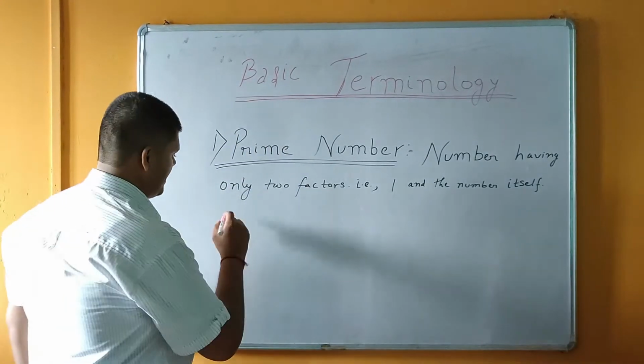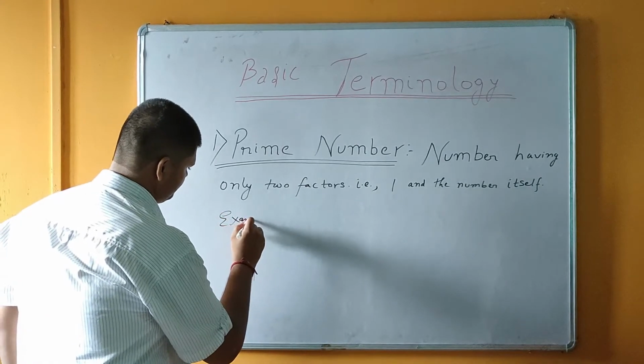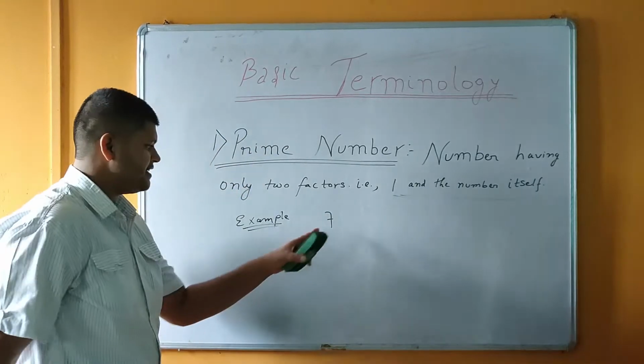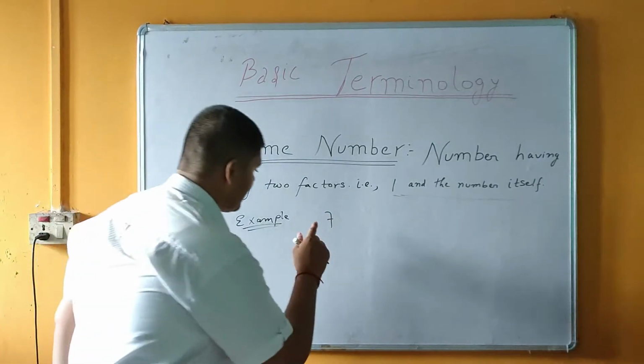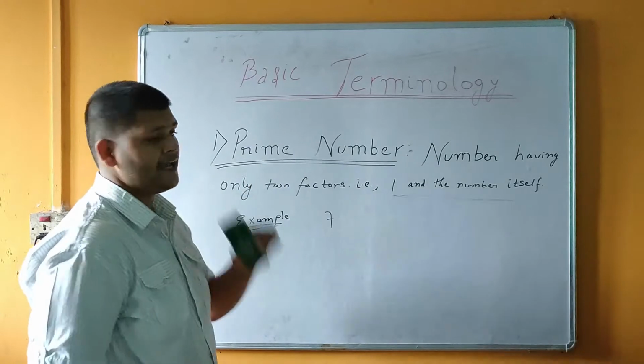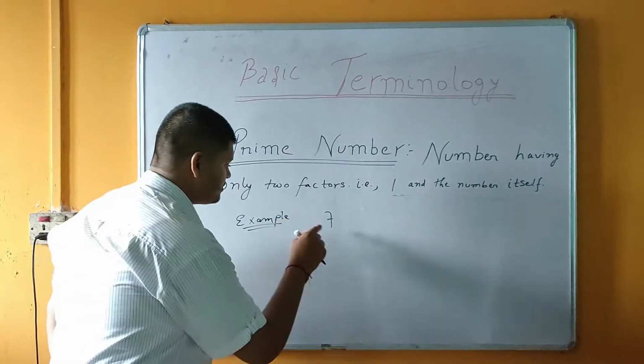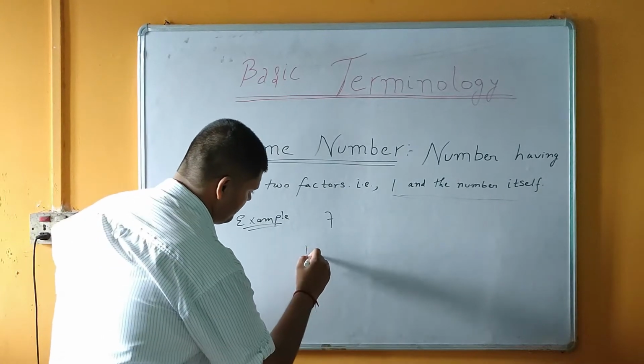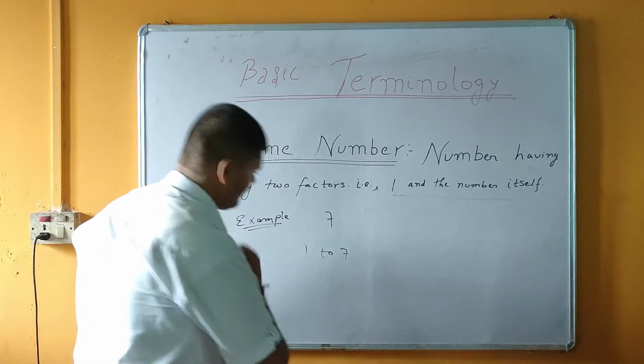For example, I am taking 7. This is the given number and I would like to test whether it is prime or not. In order to test it, what will you do? You will read the table from 1 to 7.